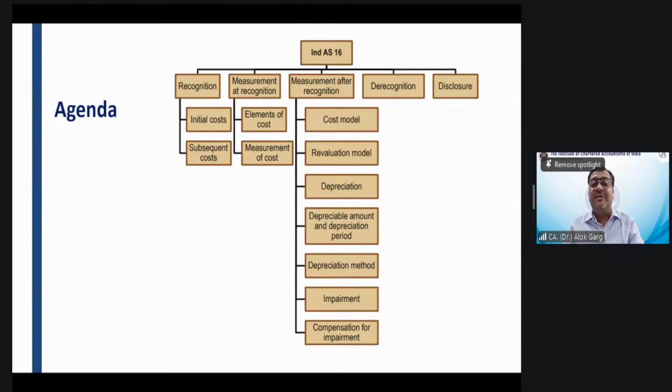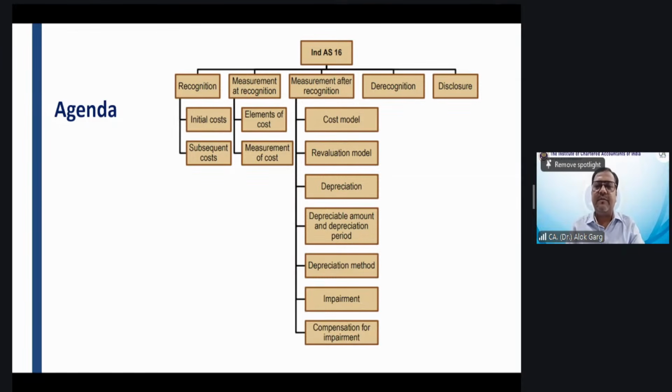Yes, you are absolutely right: RMPD, recognition, measurement, presentation, disclosure. So Ind AS 16 also talks about recognition of property, plant and equipment, measurement, presentation, and disclosure relating to property, plant and equipment in the notes to accounts.